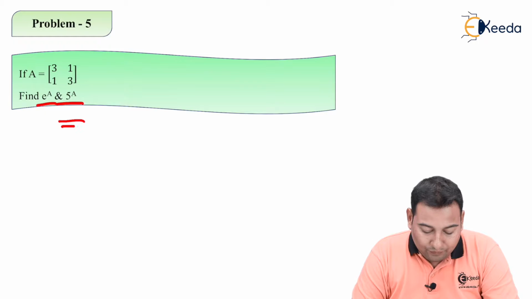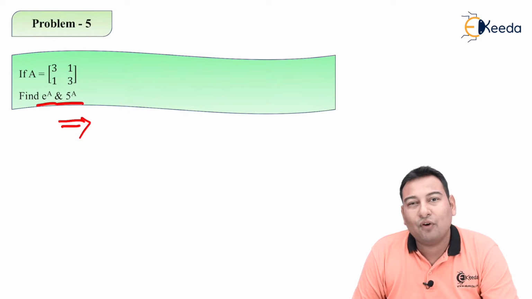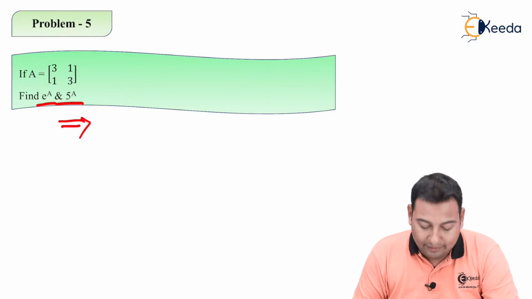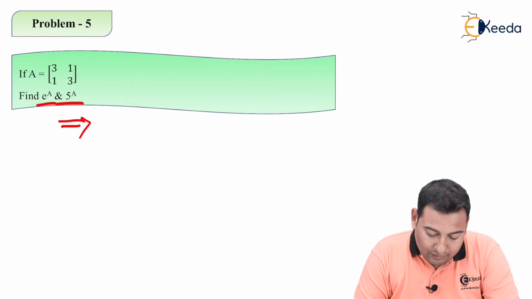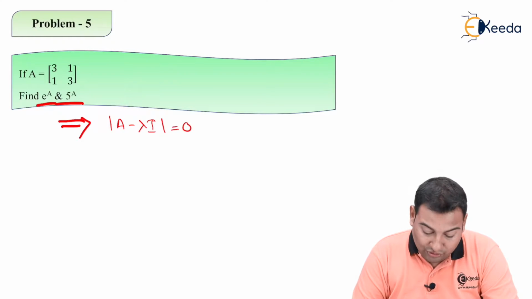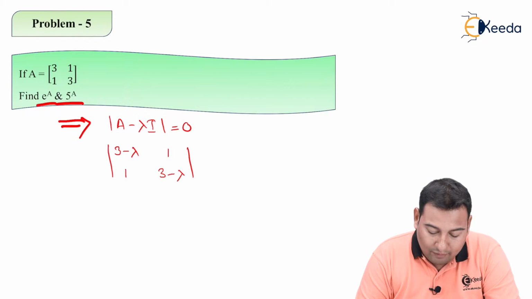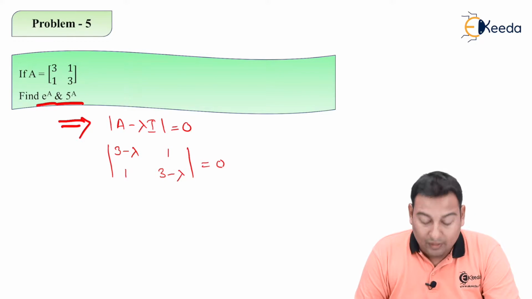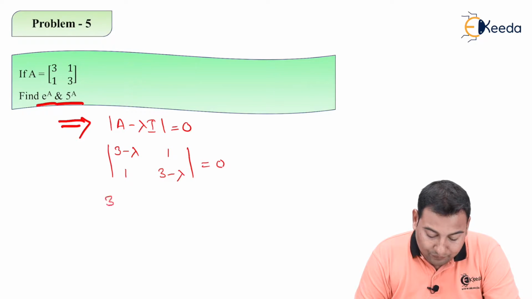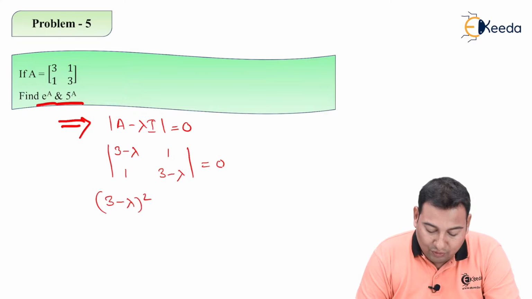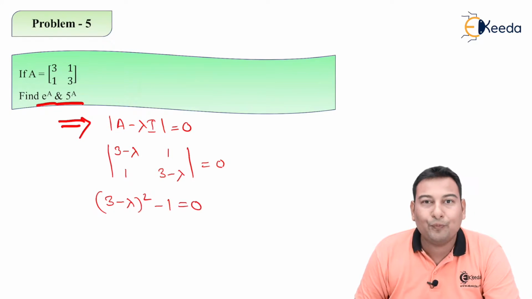So we'll proceed, and first of all we'll try to get the values of lambda. Determinant of A minus lambda I is equal to 0. Subtract lambda from the diagonal: 3 minus lambda, 1, 1, 3 minus lambda, equal to 0. If you solve this, you will get (3 minus lambda) squared minus 1 equal to 0.